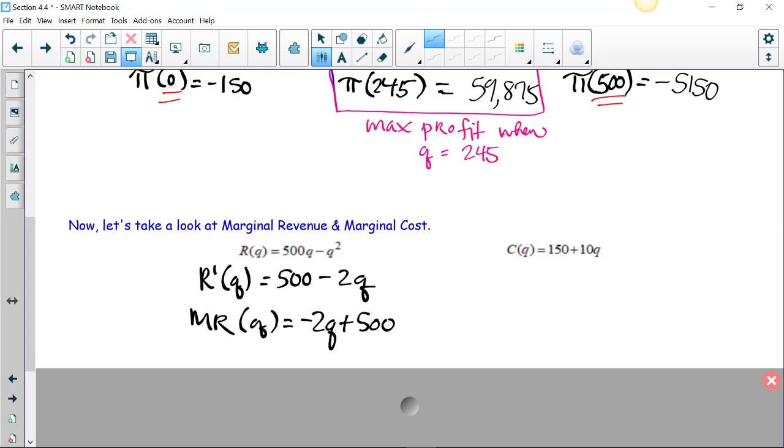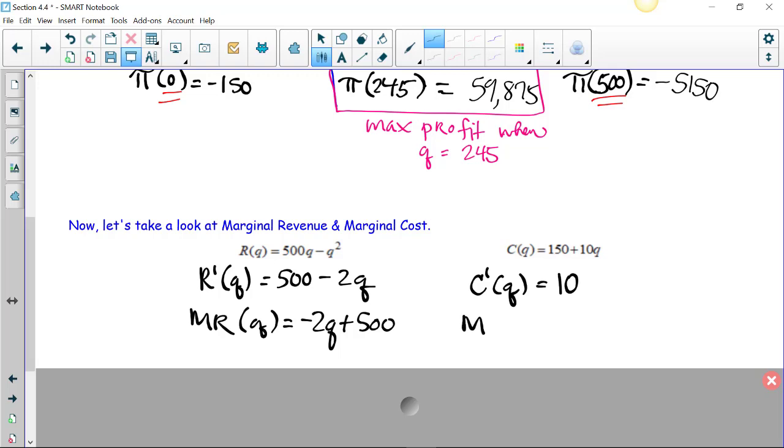All right, so for the cost function, if I want the marginal cost, that would be the derivative. So what is the rate of change of cost per item, or what's the cost to produce one additional item at a given quantity of production? The derivative is 10, which is a constant.